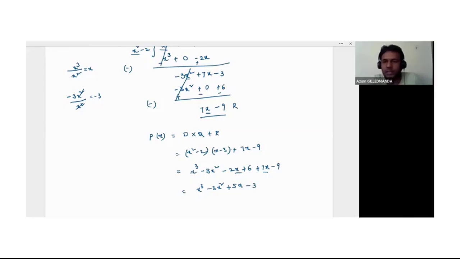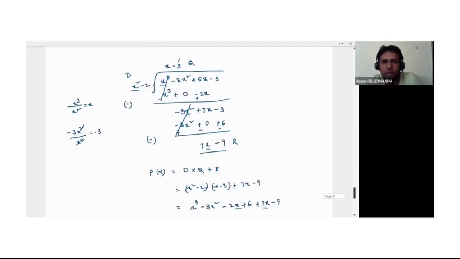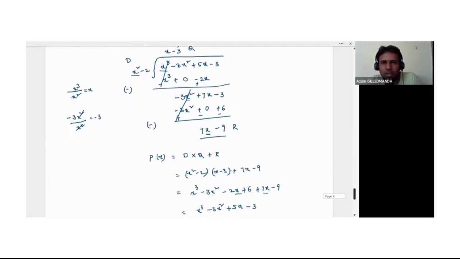So is this correct? Let's check. I don't remember the polynomial, right? So that's x cube minus 3x square plus 5x minus 3. So that is correct.